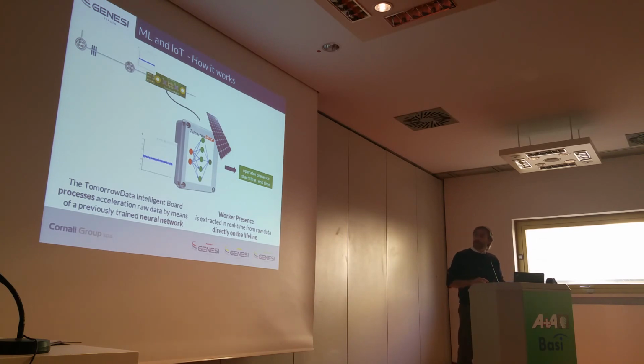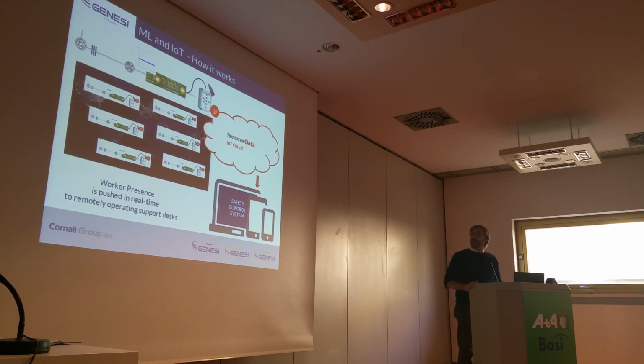The second thing worth mentioning is that worker presence is detected completely on the lifeline. At this stage of the solution, there is no internet connection with anything. The whole system can complete its work to detect the worker presence just staying on the roof or wherever.